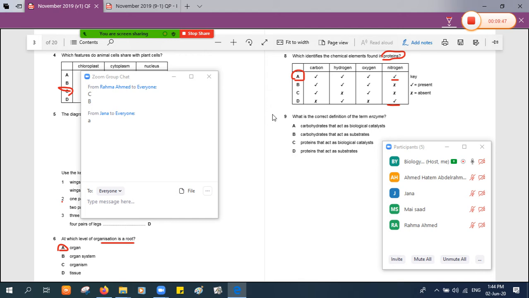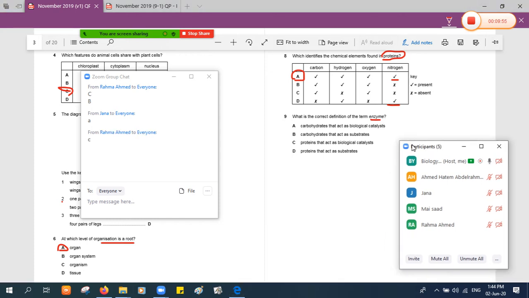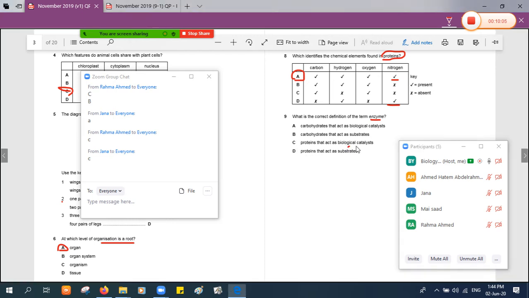Question 9. What is the correct definition for the term enzyme? Do you remember? They are biocatalysts. So choose from C, because here there is a word of biological catalyst, and in A, there is a word of biological catalyst. Yes, Jenna.